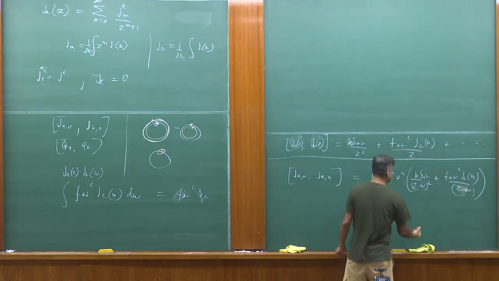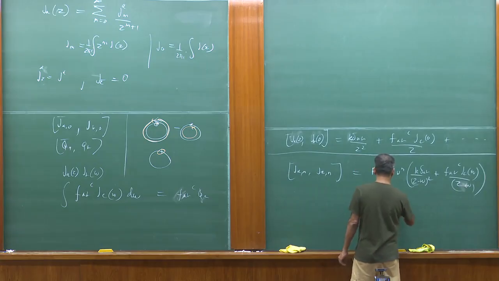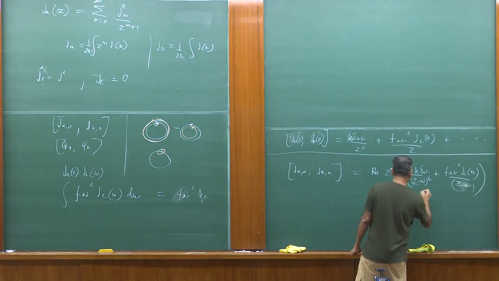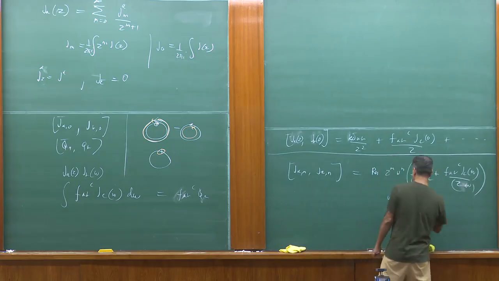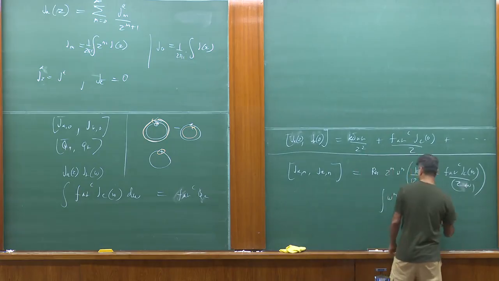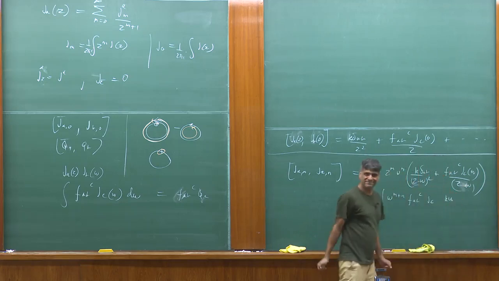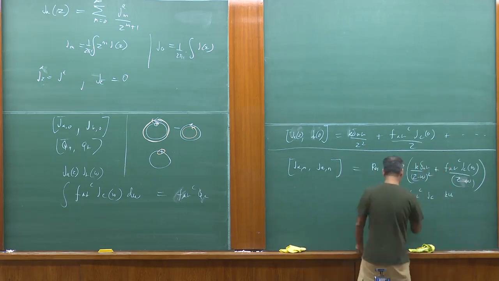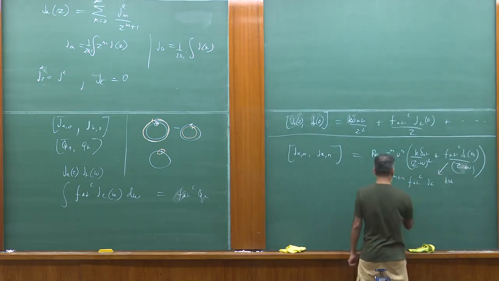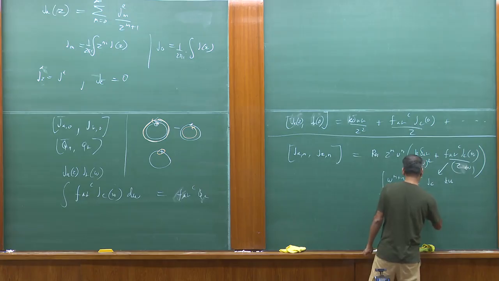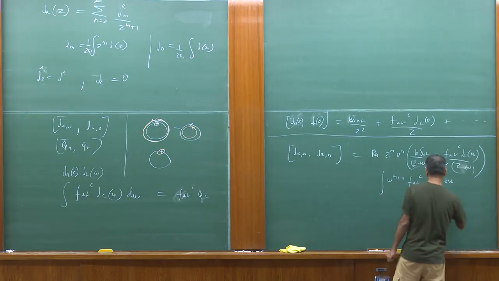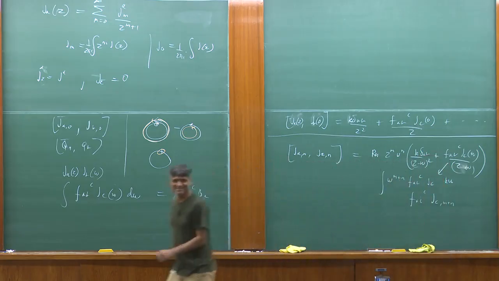So the term is w to the power m plus n, f^{abc} J^c, integrated over w. That term is equal to f^{abc} J^c_{m+n}. Right, that was really easy.